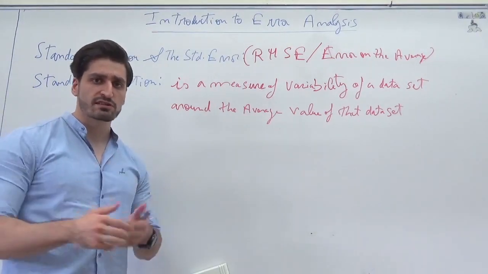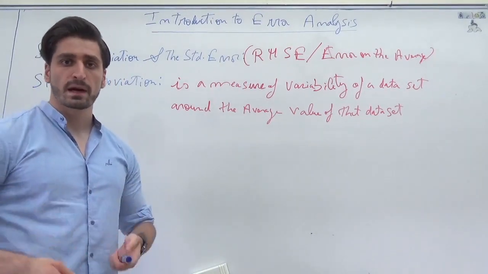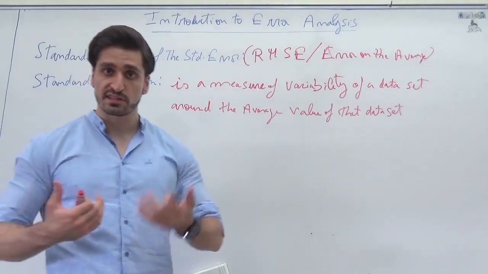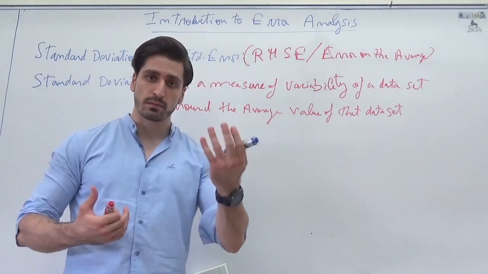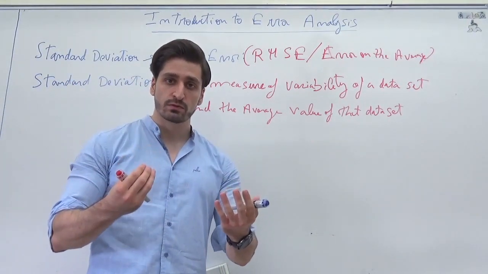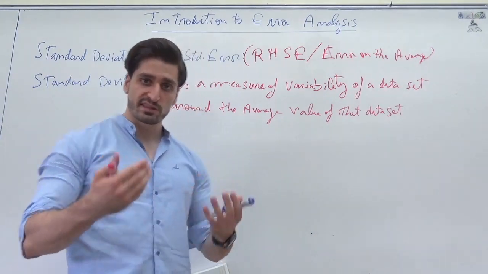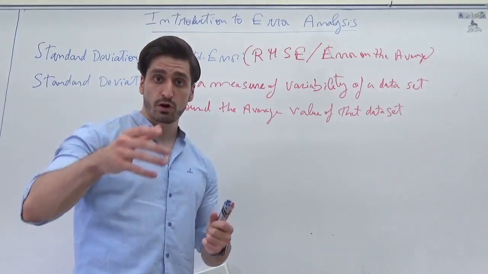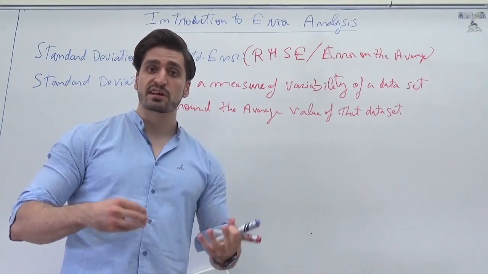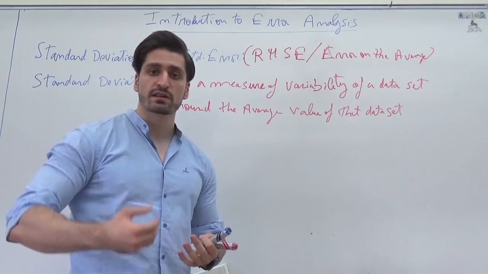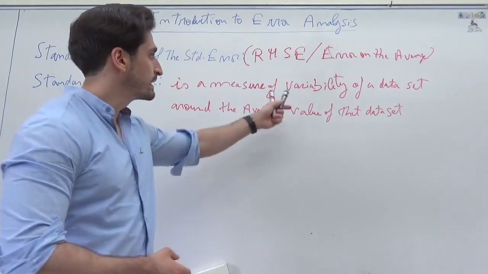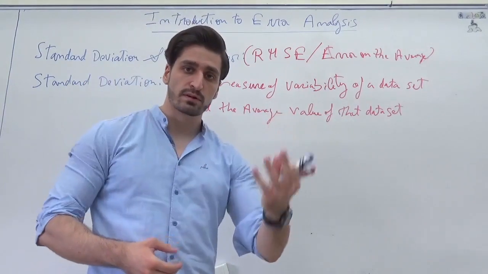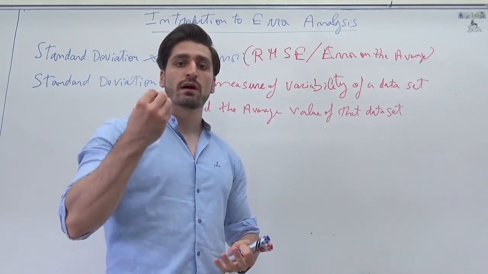But that amount of deviation is going to be between what and what? As I have said previously, it is between a set of numbers and the average value of that set of numbers. So basically, the standard deviation is going to show you how a set of numbers varies around its average value.